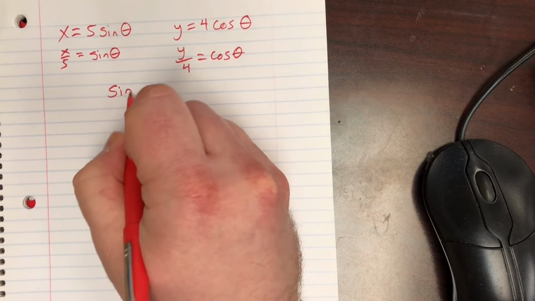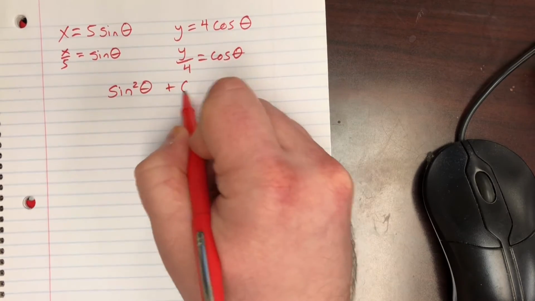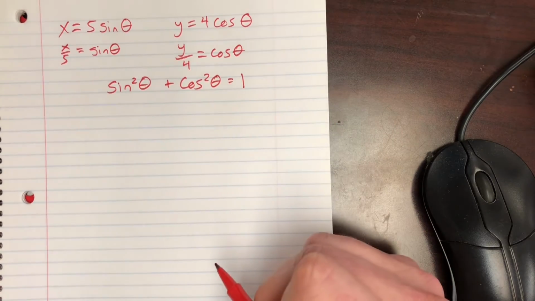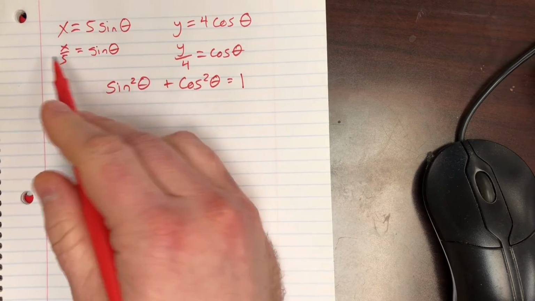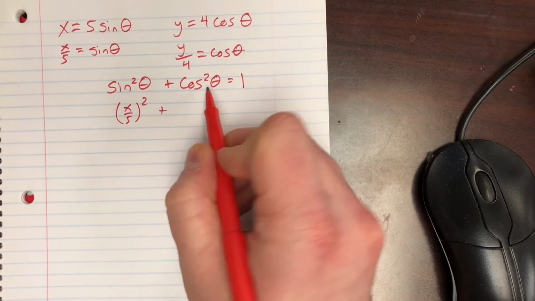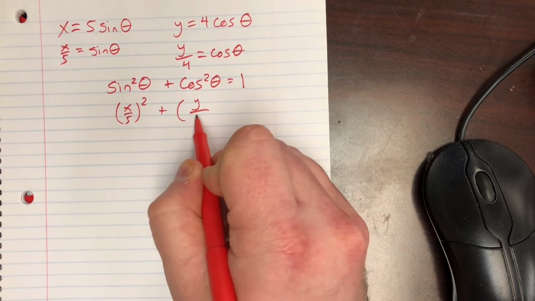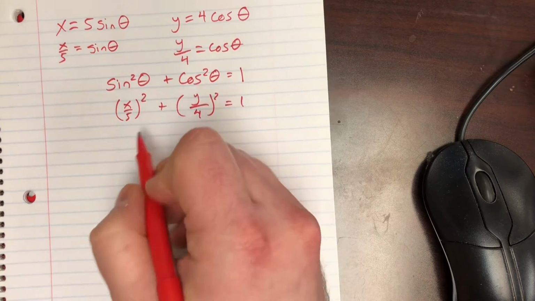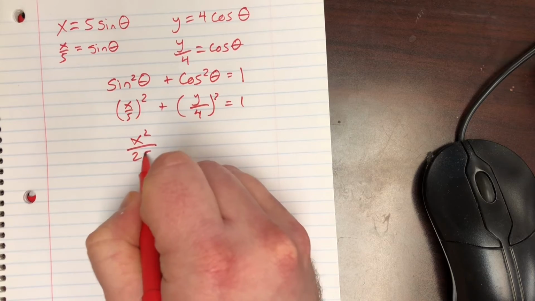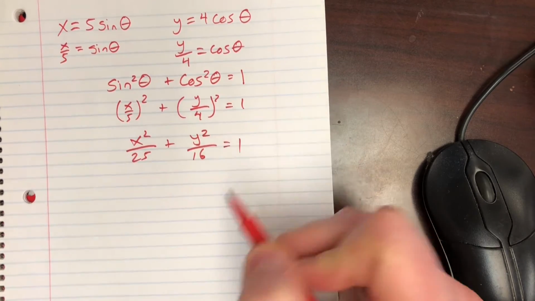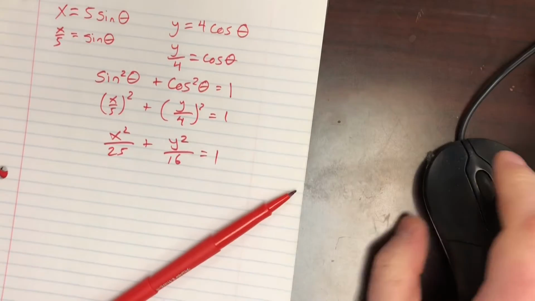What's sine squared plus cosine squared? Right? Hey, wait. Sine is x over 5, right? Cosine is y over 4. This, although you were not taught it, is the equation for something called an ellipse.